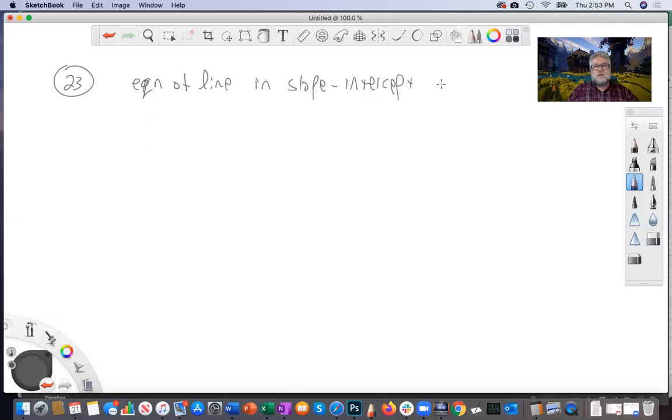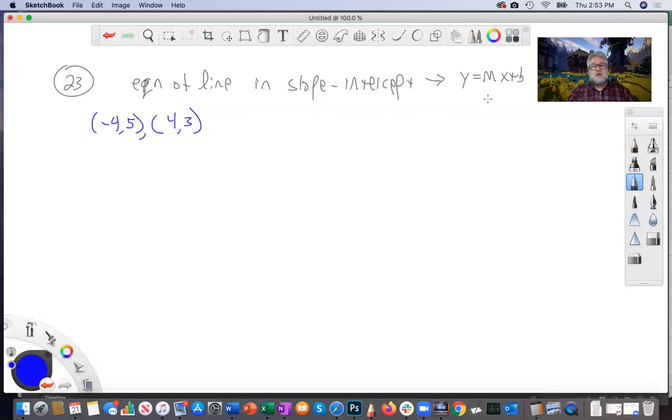Okay, so that means y equals mx plus b. And we're given some points: (-4, 5) and (4, 3). How the heck are we going to do this?